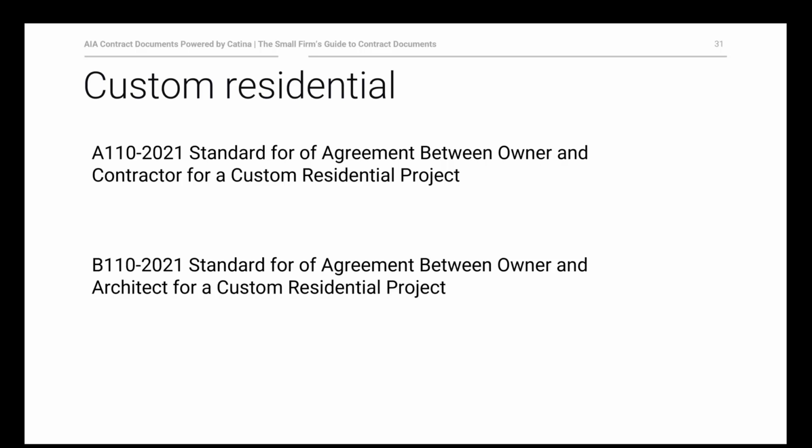They understand the significance of having mature, well-drafted, and comprehensive contracts, and so these custom residential documents are meaty and are intended to answer a lot of questions that folks might have, because as you know, in custom residential work, they can be complex.